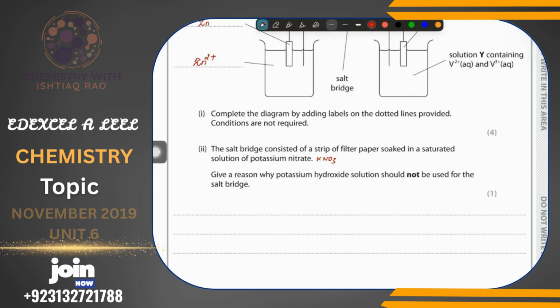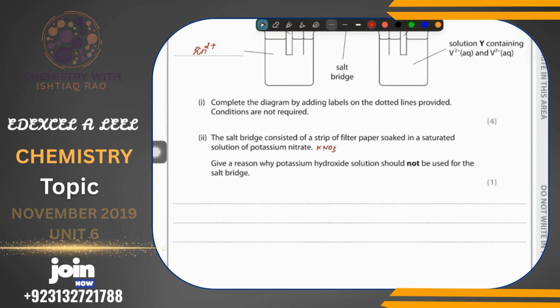Once the precipitate is formed, there will be a blockage in the salt bridge, so the circuit will not be completed and the current will not flow. That's why we are supposed to take nitrate. All nitrates are soluble.